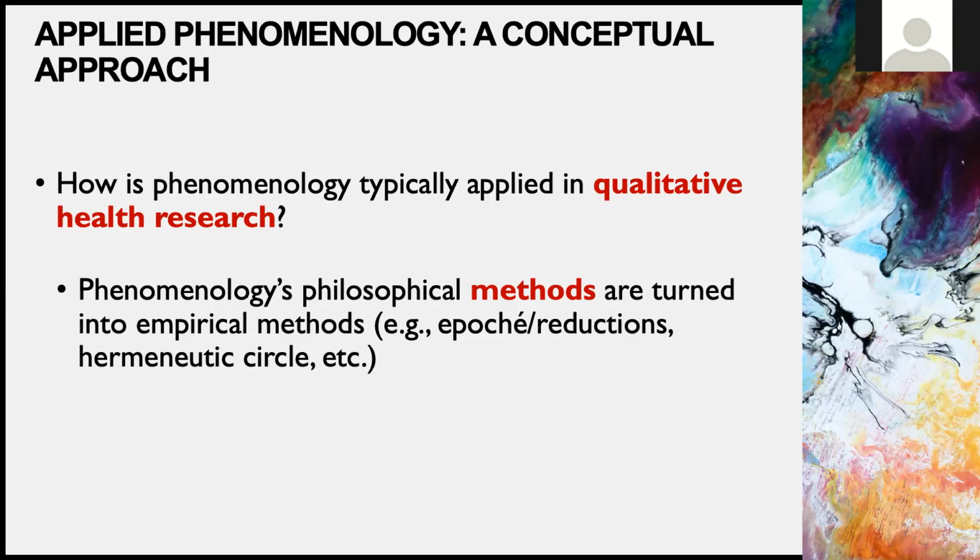So there are these broad interpretive problems, but I think the more important problem that Zahavi also points to is that the aims of philosophical phenomenology just differ in some fundamental respects from the aims of empirical qualitative research. And there's no reason to assume then that methods that were designed for achieving the aims of philosophical phenomenology are also going to work for achieving the aims of empirical qualitative research.